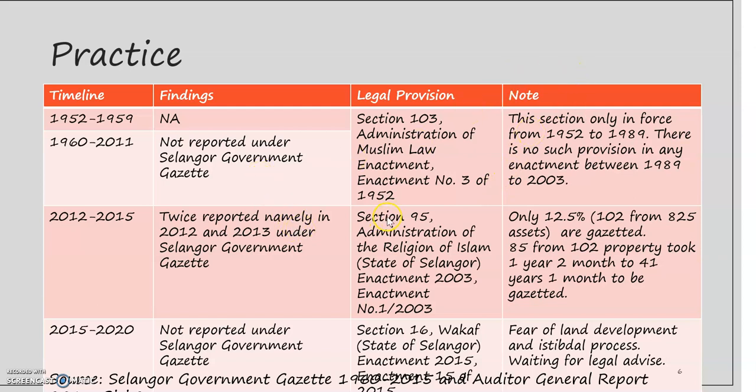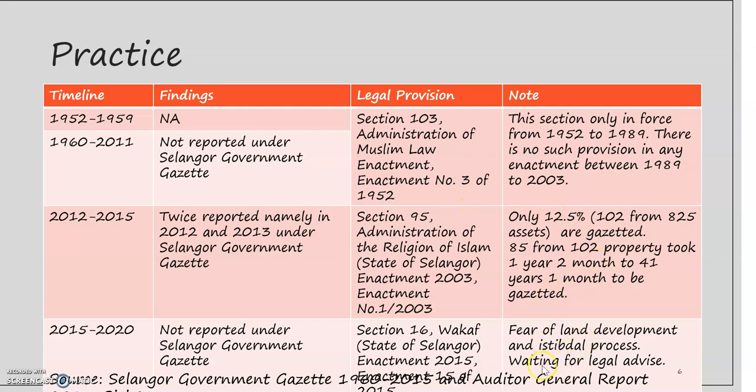This is the finding based on Brother Salahuddin's report: from 2015 until 2020, nothing was reported under the Selangor Government Gazette. So even though there is a requirement under Section 16, the implementation is not there.